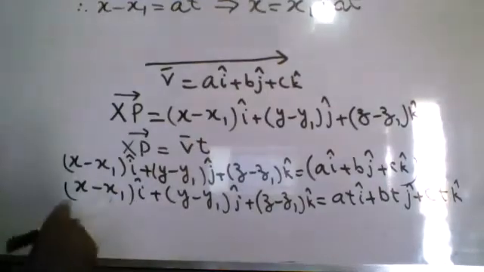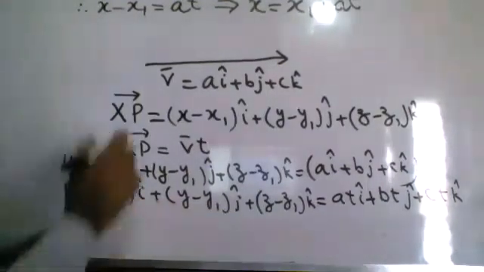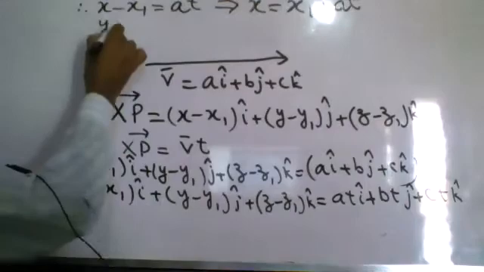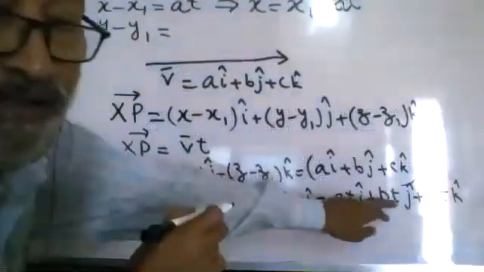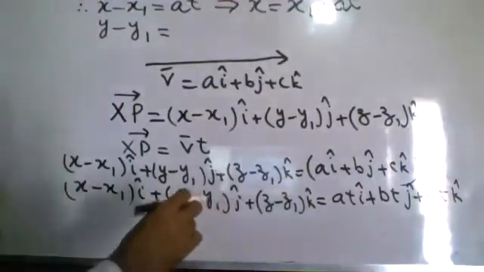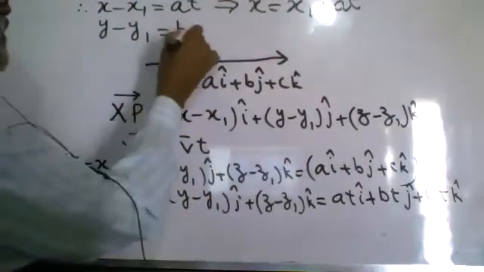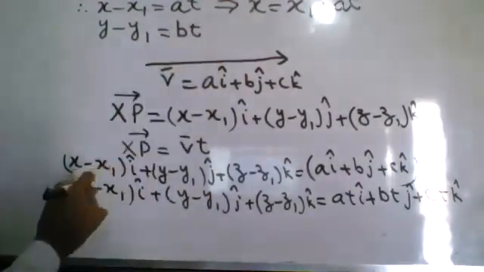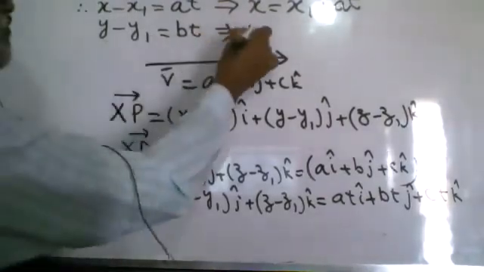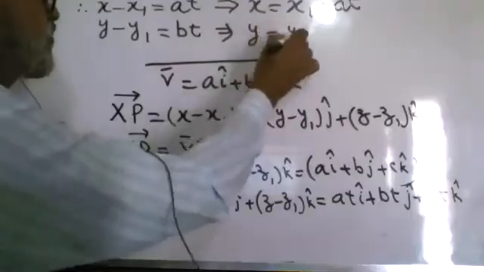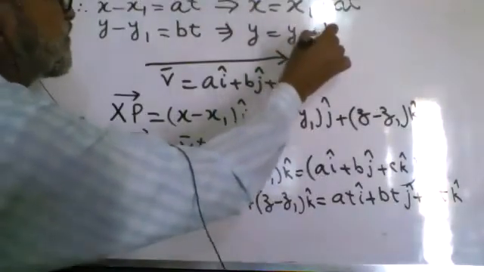In the same way, for the j component, y minus y1 is equal to, here the j component is bt. So bt, therefore y is equal to y1 plus bt.